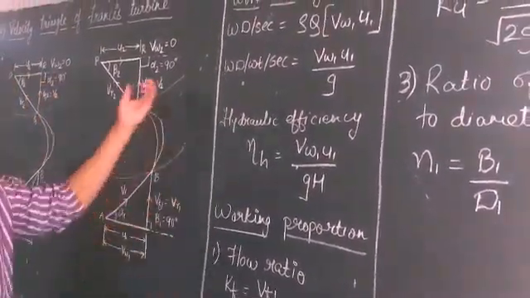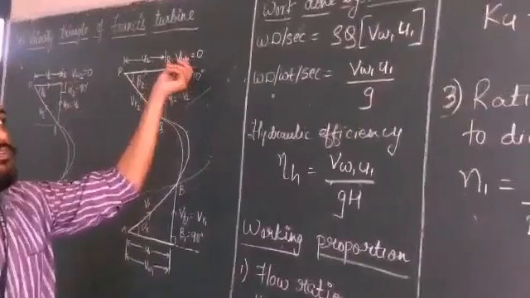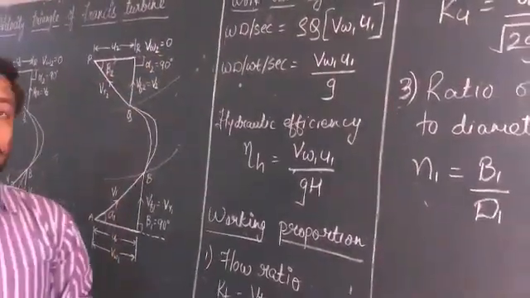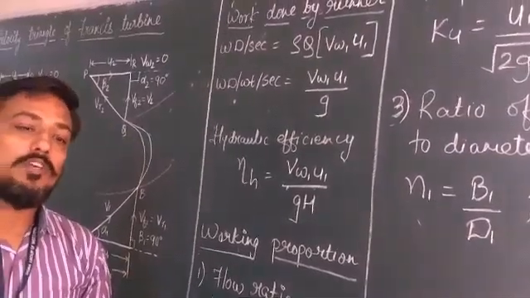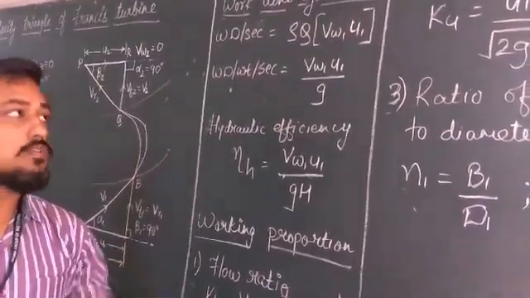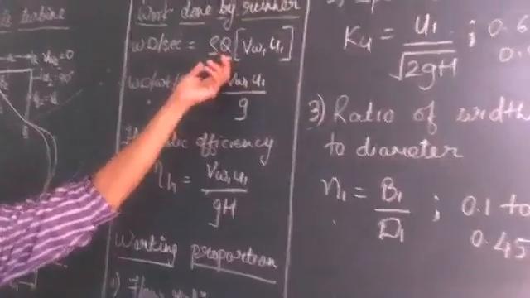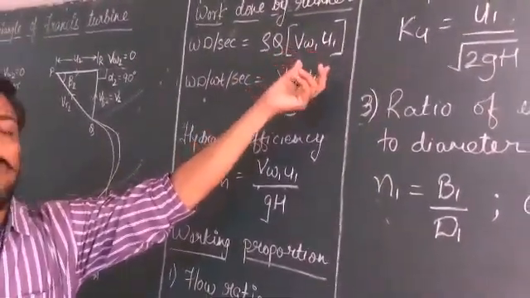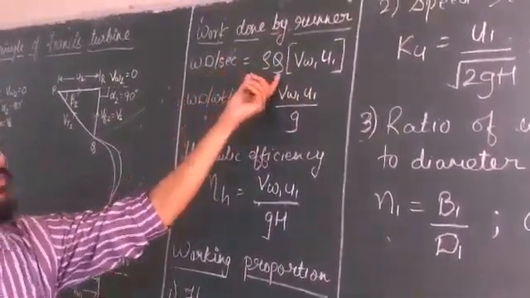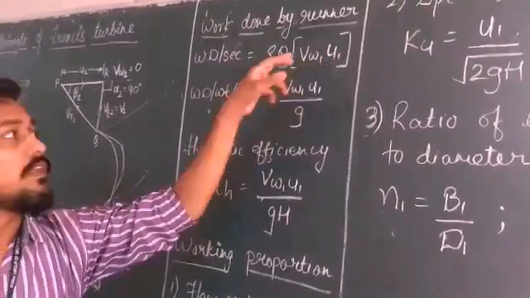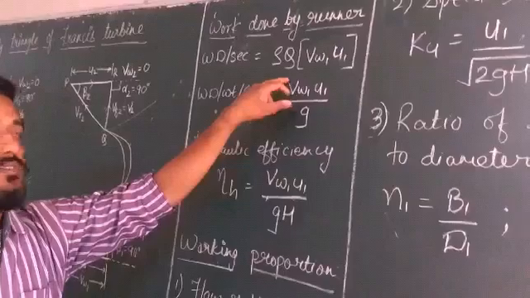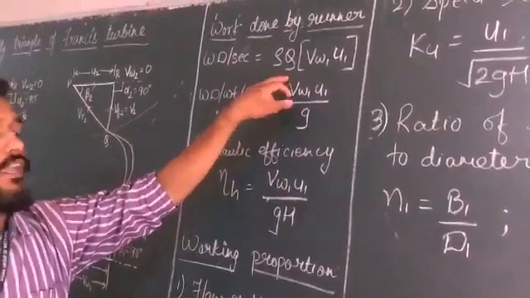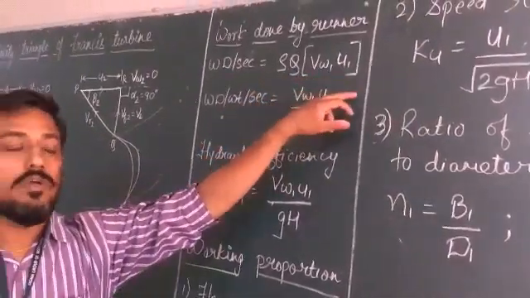Now here the value of VW2 is 0, so the remaining term will be rho q VW1 U1. So the work done per second will be rho q VW1 U1. In place of q, you can put q equal to AV, so our equation will be rho A V VW1 U1.